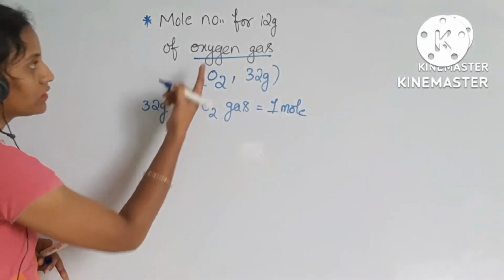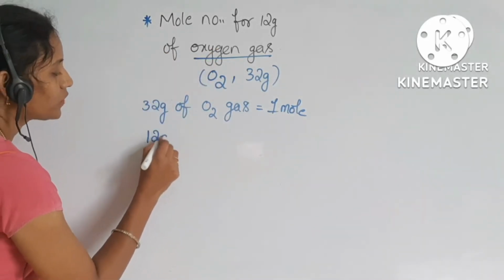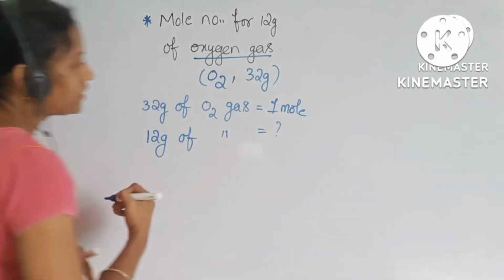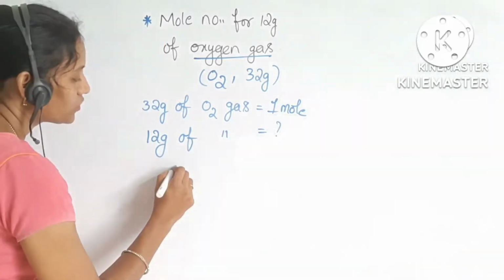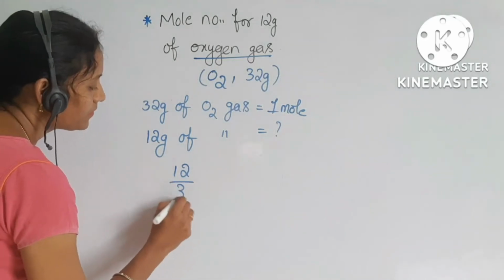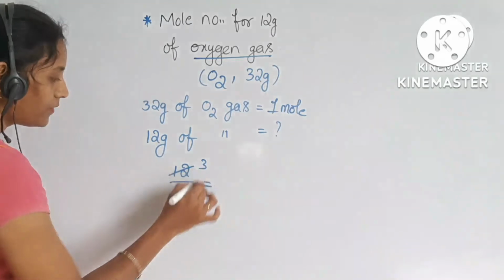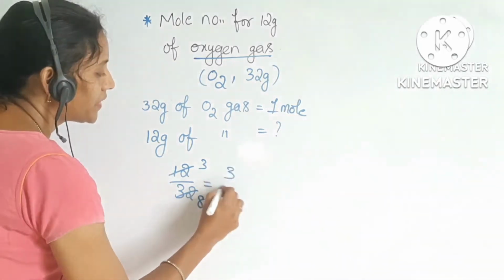So in the problem, 12 grams of oxygen gas is equal to how many moles? Again cross multiplication, so 12 divided by 32. Using the fourth table, 4 3s are 12, 4 8s are 32, so 3 by 8.